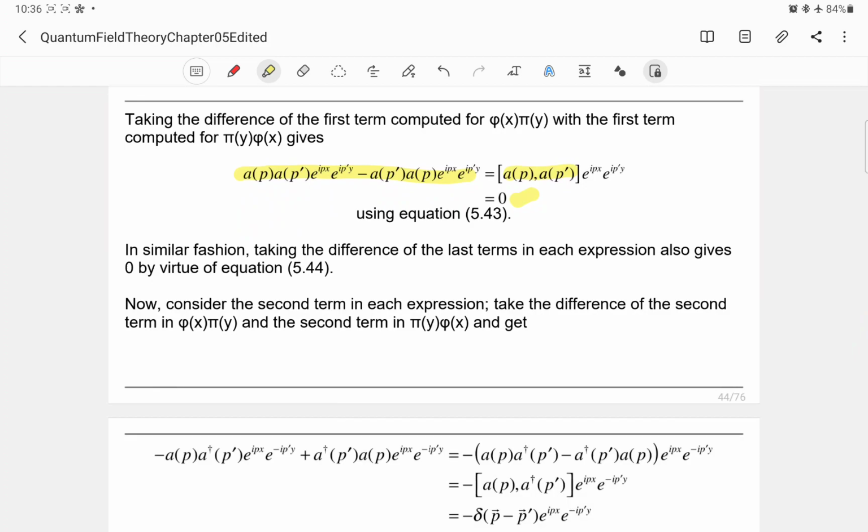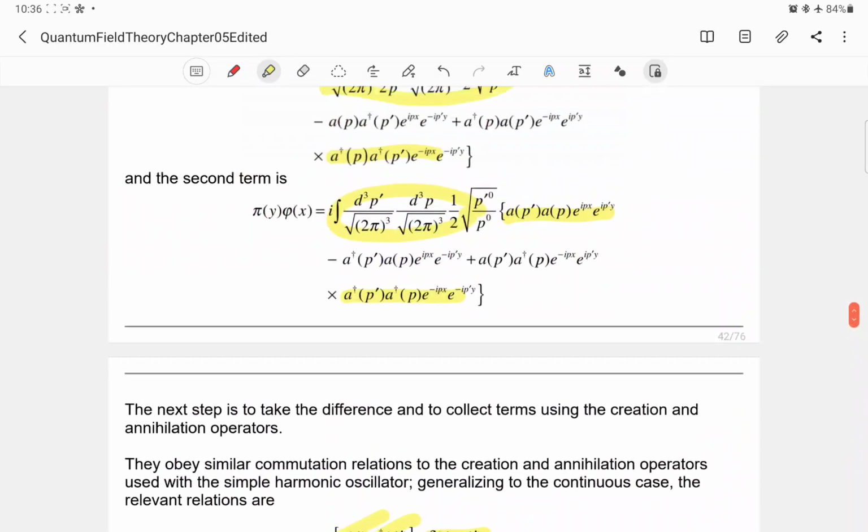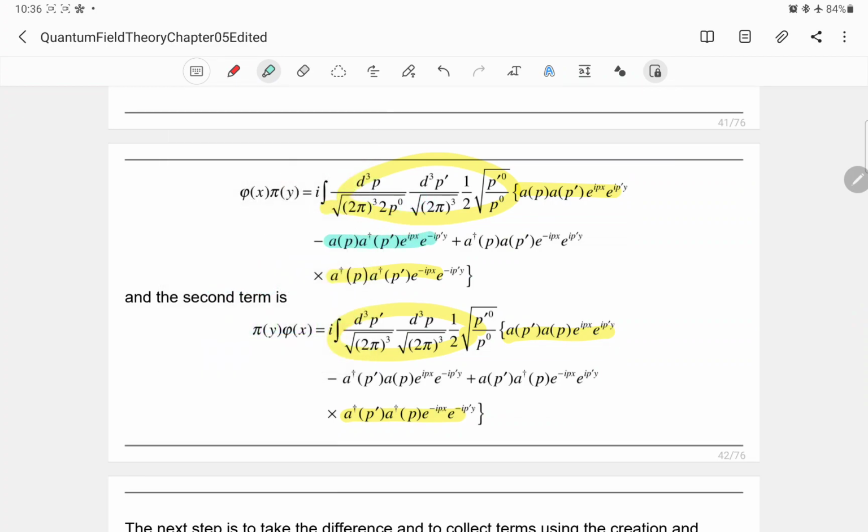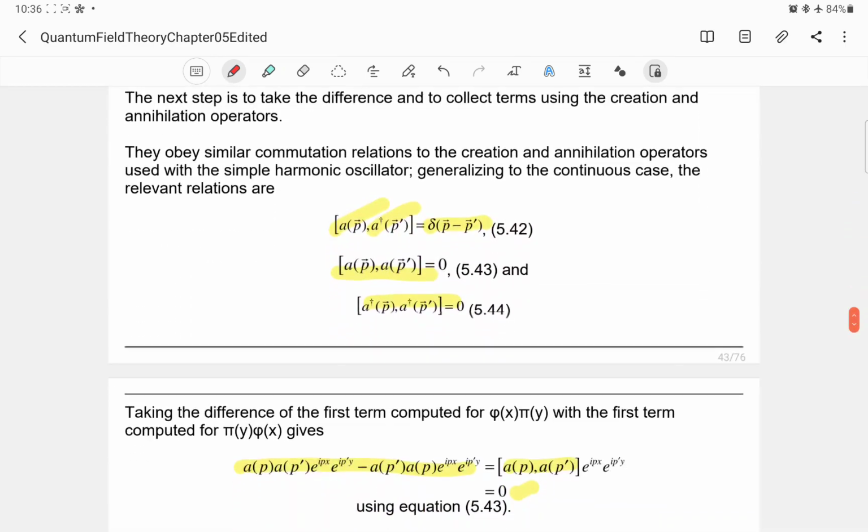Now we consider the second term in each expression. So take the difference between this and this one. By the way, let me just clarify that this is actually a minus sign. So let's continue.